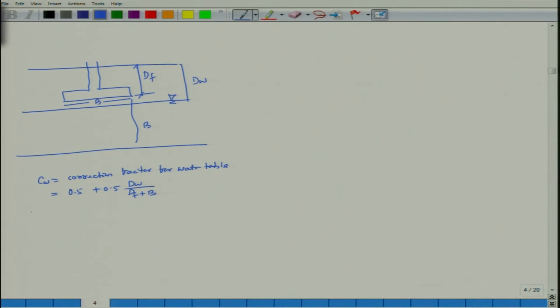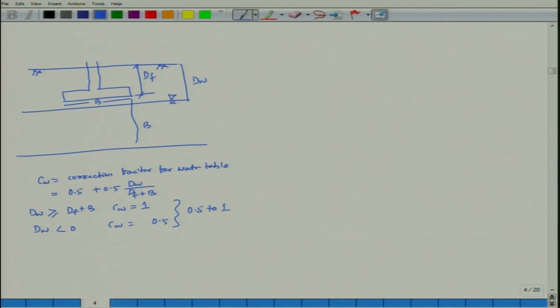So, if dW is greater than or equal to dF plus B, then correction factor is equal to 1. If dW is less than 0, then correction factor is equal to 0.5. Generally it varies between 0.5 to 1. This earlier also I have discussed, there is nothing new. So, water table correction has to be added.